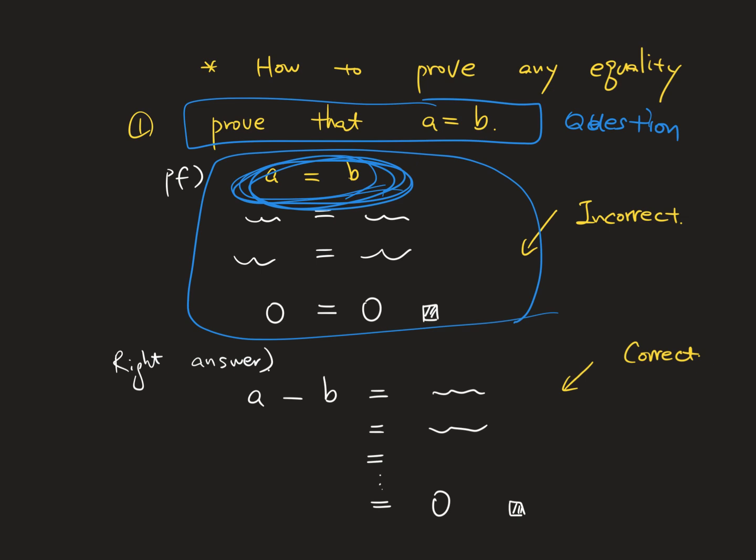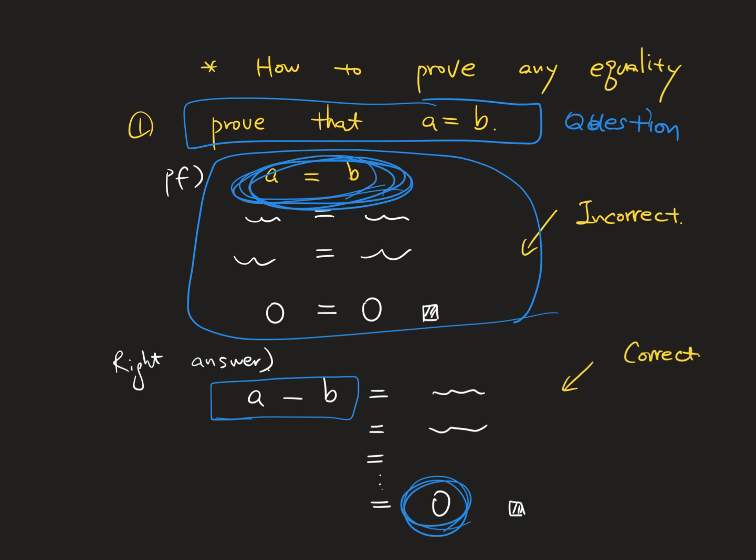And so the second, the right answer, you see that when you start the proof, you don't know whether A is equal to B. Of course, you know that it should be 0 here, because otherwise the question is wrong.